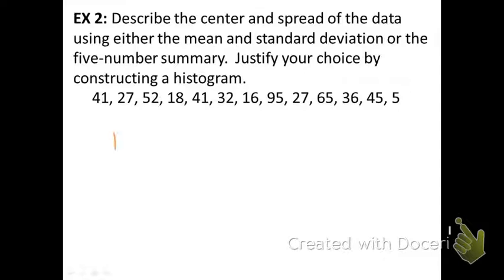Now we have done this already previously, so remember that you have to put these numbers in a list and then use your stat plot and construct a histogram. So when I put these in my list and I graphed them in a histogram, it looked roughly something like this.